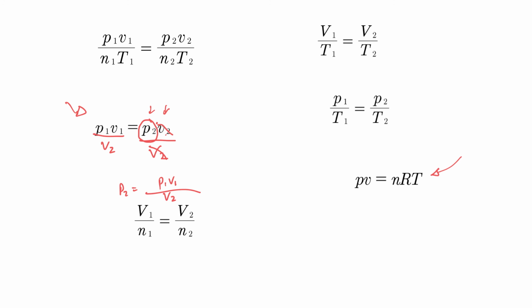Let's try another one. How about that one? And let's solve for T1. If you're solving for T1, one of the problems is that it's on the bottom of a fraction. You can't just get rid of the V1 at the top and call it good. You have to first get T1 on the top, and then manipulate things. What we said with this formula, or this one, or this one, is you can use cross multiply and divide to solve for it.